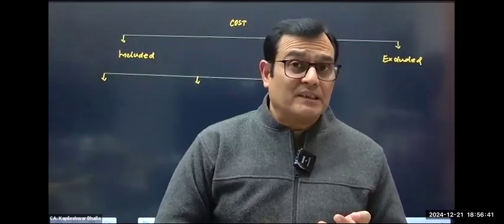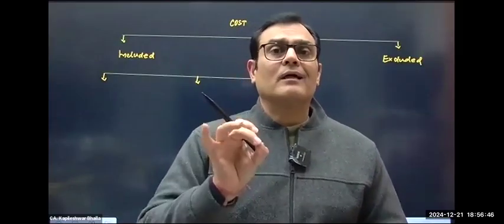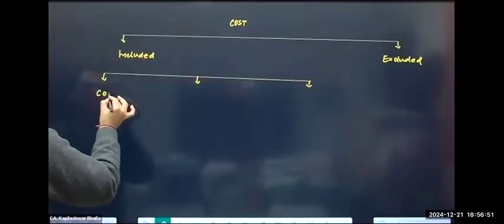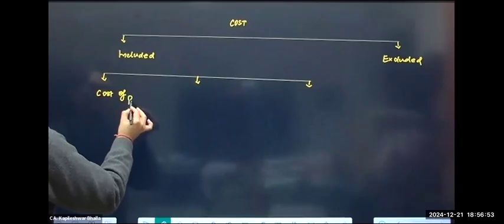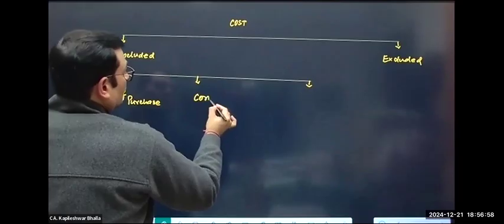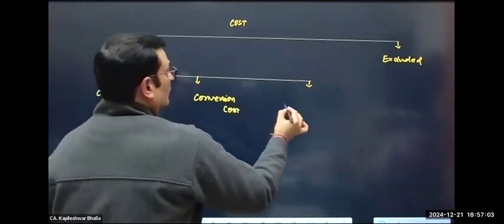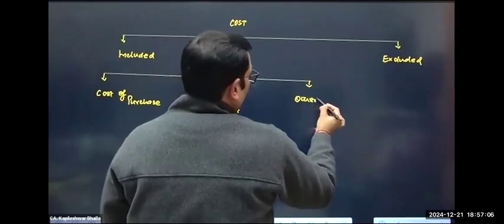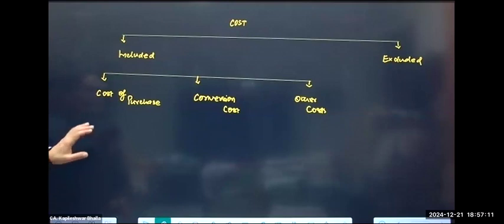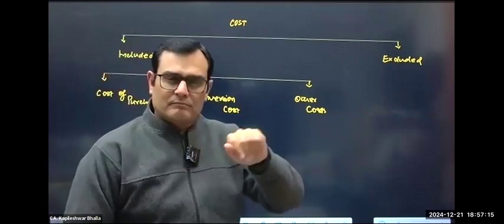One is called cost of purchase, one is called conversion cost, and the other one is called other costs. These are the three costs which are taken for the purpose of inventory valuation.